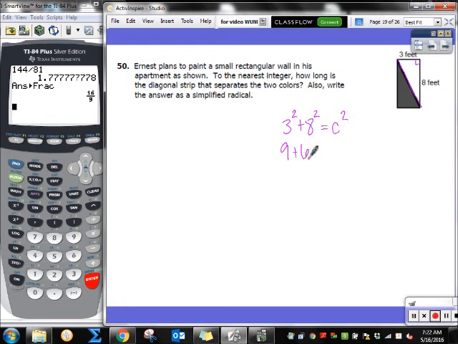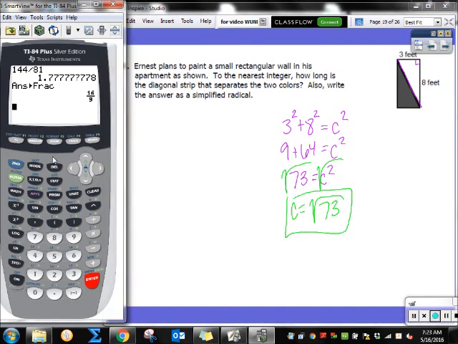So 9 plus 64 equals c squared. So that's going to end up being 73 equals c squared. To get rid of a square, you take the square root. So c equals the square root of 73. That can't be simplified, so this is your simplified radical.